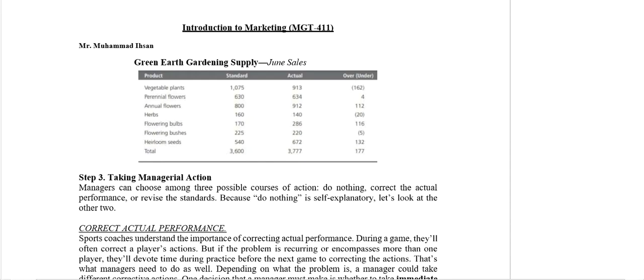So, Green Earth Gardening Supply June sales. We have a chart of sales of June, which mentions the different plants and flowers and seeds and bushes which they sell. So they have mentioned the sales of June.